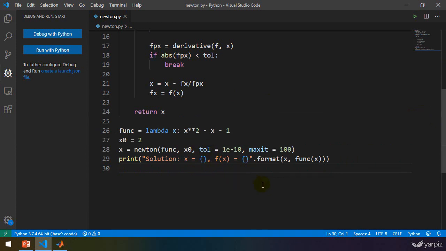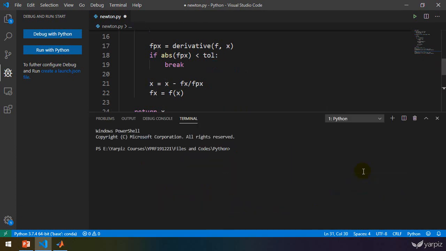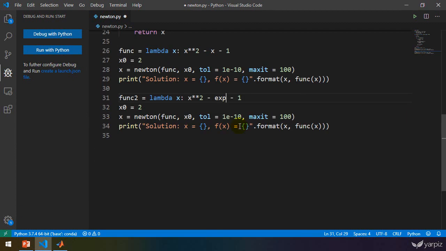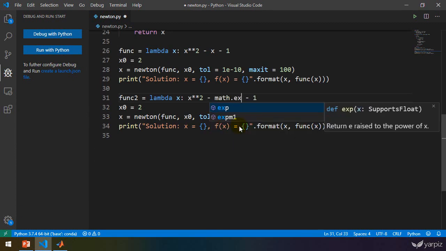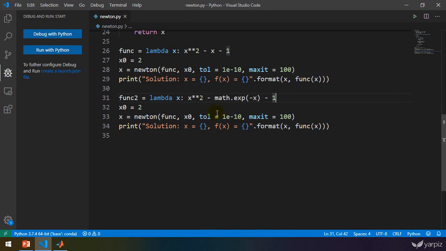Also, if we want, we can use the same code for func2, x squared minus math.exp minus x minus 1, and start from 2, and we have x0 here, same tolerance value.